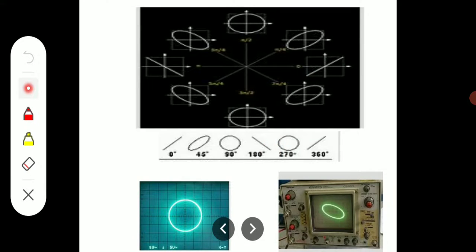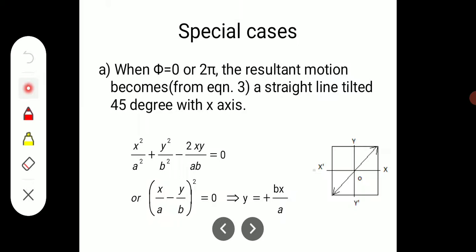Then at 270 we get a circle, and at 360 the straight line. So from 0 to 45, 90, 180, we are getting this kind of patterns called Lissajous figures. These are pictorially how we get the patterns on the CRO if the two waves are acting simultaneously. So let us see the analytical method.